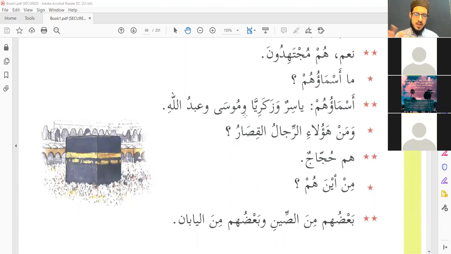That whole thing is a semantic issue, right? Some people say, okay, linguistically, Musa is not an Arabic name. Zakaria is not an Arabic name. They came before Arabic was a language, right? And then some people will say, well, wait a second, Allah says that the Quran is in Arabic.